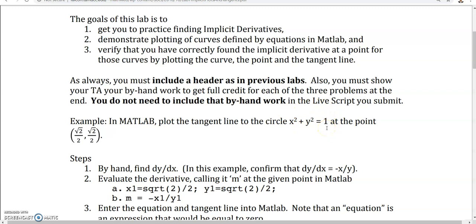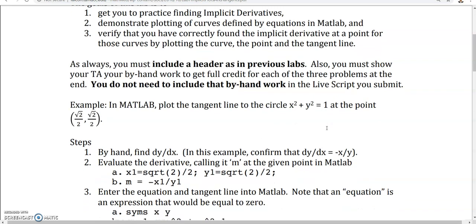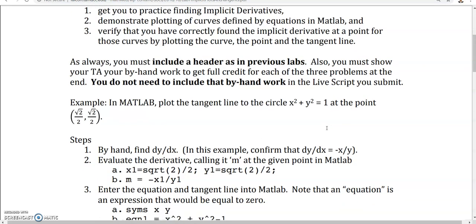Now to find a tangent, as usual, we need to know the slope and then the tangent equation. Of course, we have seen this earlier. As I told you before, we have to take implicit derivatives. So the derivative of x squared is 2x, plus the derivative of y squared is 2y times dy over dx, that is equal to 0, because the derivative of 1 is 0.